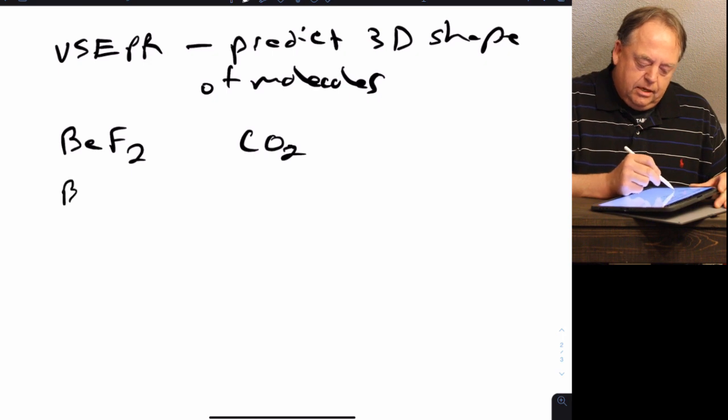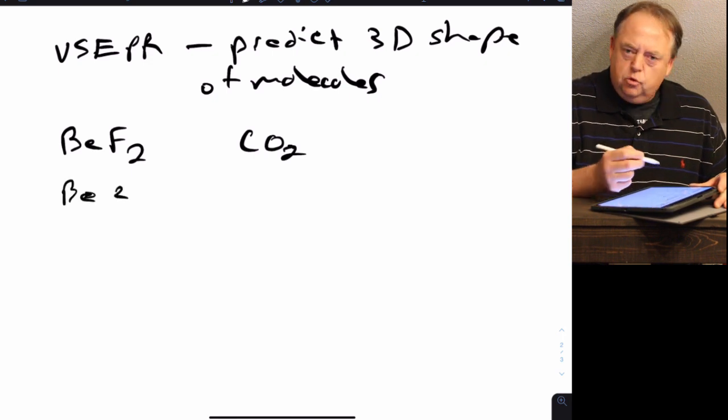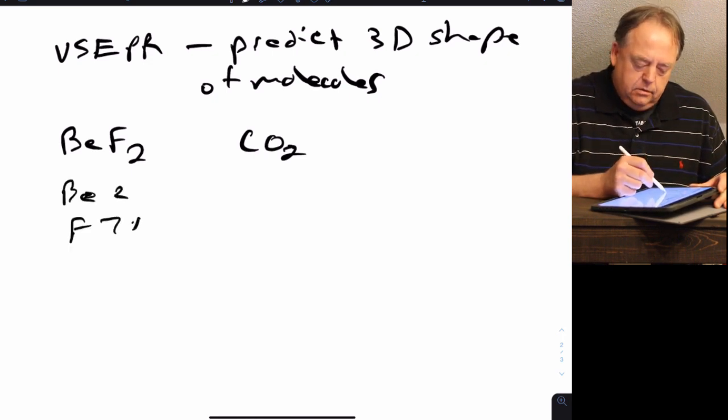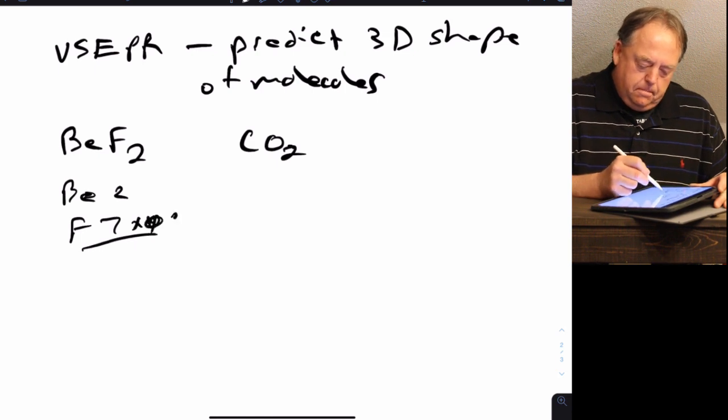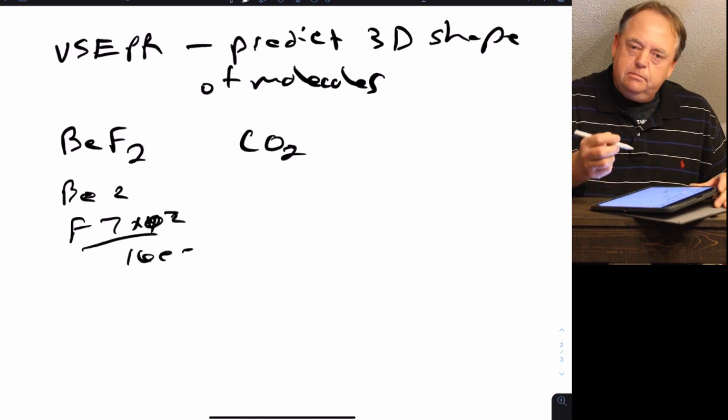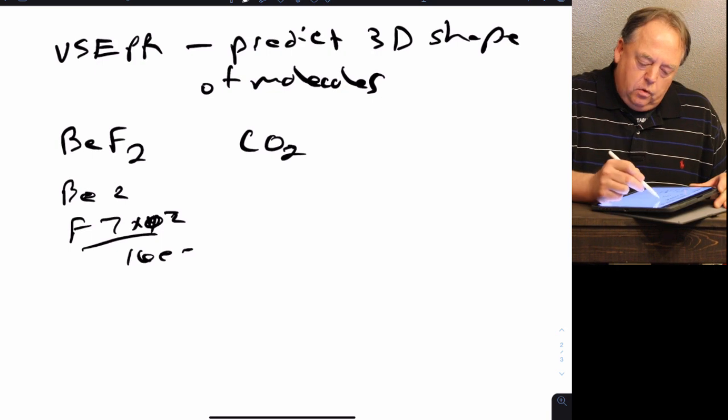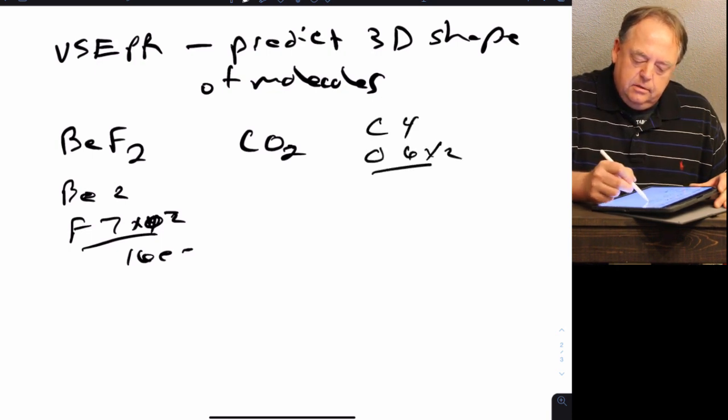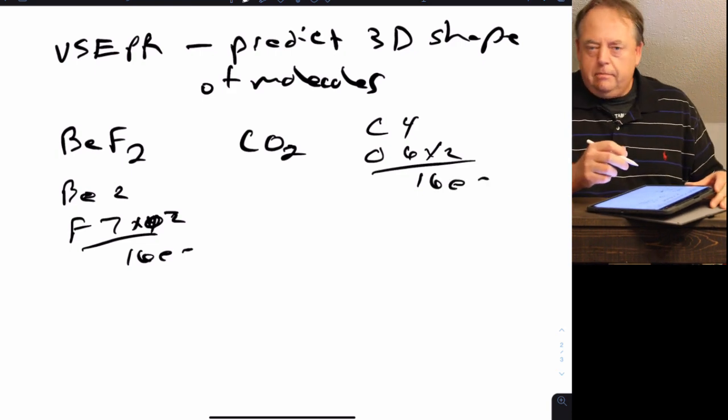So beryllium's got 2 valence electrons because it's in group 2. Fluorine's got 7. So there's 16 electrons to build that molecule. Or for CO2, carbon's got 4 valence, oxygen's got 6. So 16 electrons to build that molecule as well.